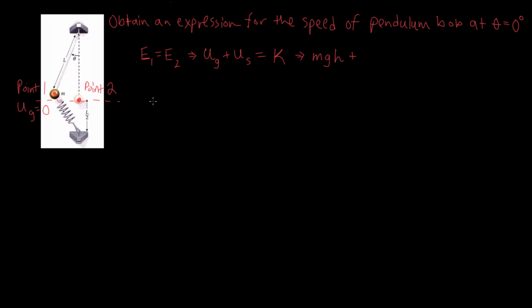And the formula for the spring potential energy is just 1/2 times the spring constant times x squared. And x is how far we are stretching the spring from its equilibrium position.